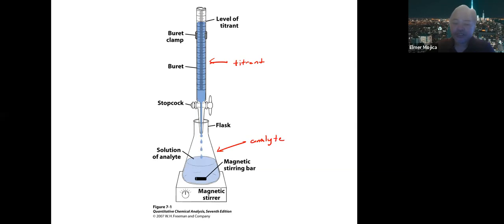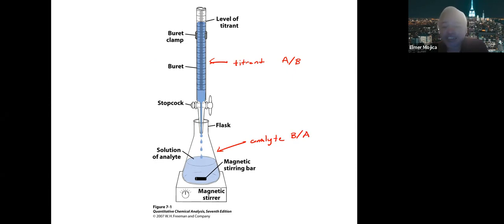Your titrant can be your acid or base. So if your titrant is the acid, the analyte is your base, and if your titrant is a base, your analyte is an acid. That's how you do an acid-base titration.